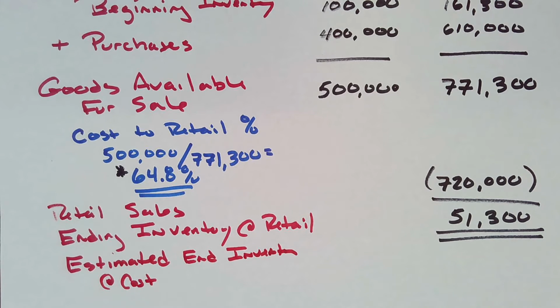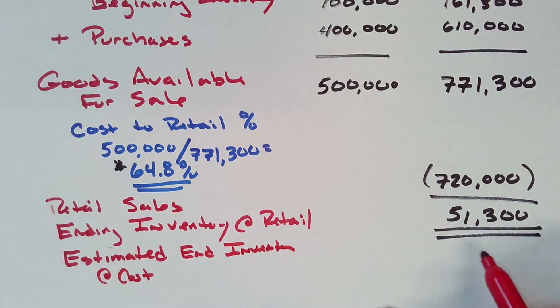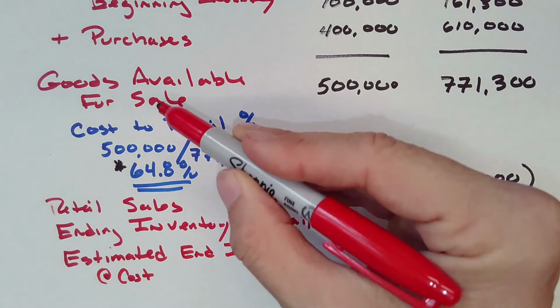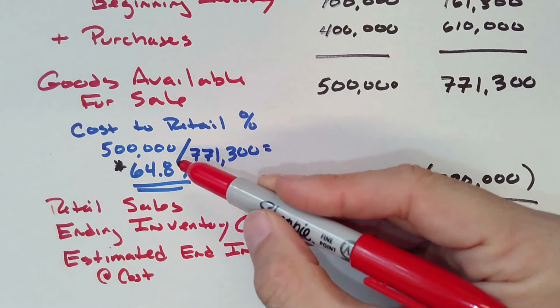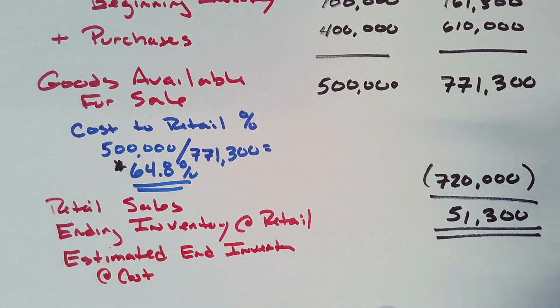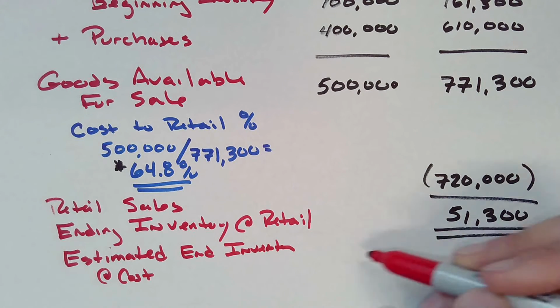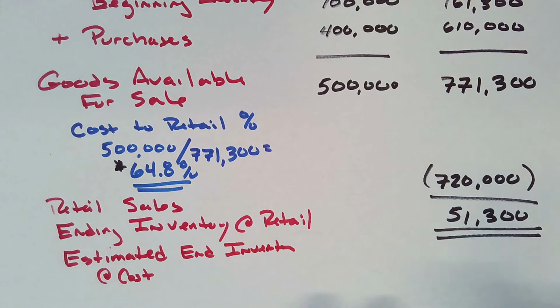How do you think we do that? Well, we're going to take this 51,300 times this cost to retail percentage, because we want to know what the cost is.